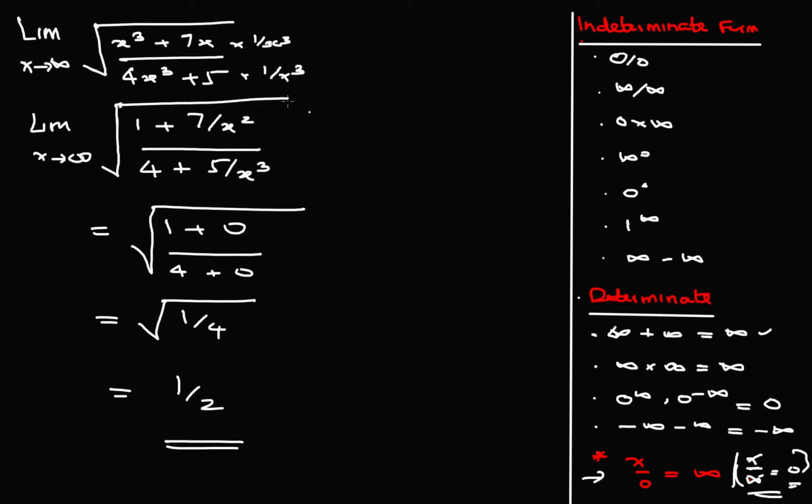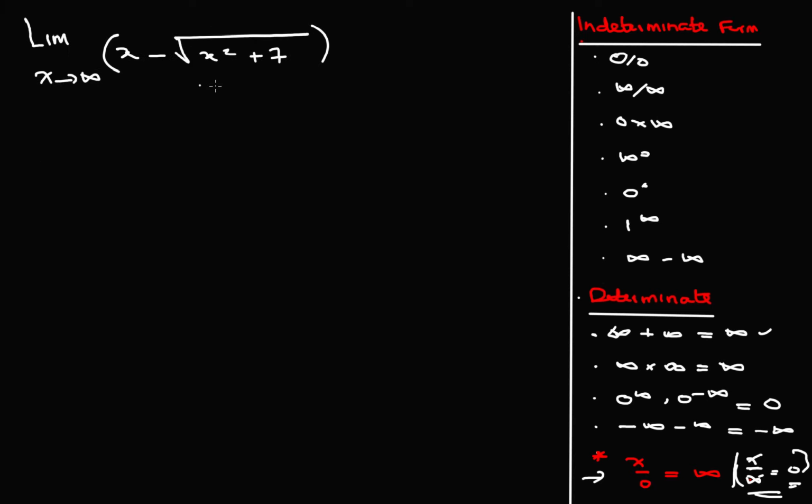Let's look at another example. Let's have a look at this one. If I took infinity and put it here, and took infinity and put it there, I'm going to end up at infinity minus infinity. In indeterminate form, we can't work with that. So we need to see, are we going to come here? Are we going to go there? How am I going to multiply with anything here and still maintain the integrity? Because it's just one expression here.